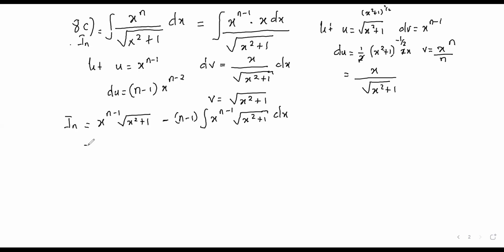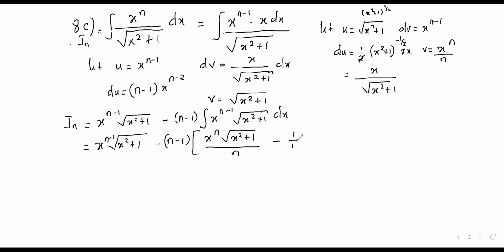So we come back and substitute. So we have x^(n-1) root x squared plus 1 minus (n minus 1), and then uv, that's x^n root of x squared plus 1 over n, minus the integral of v du.